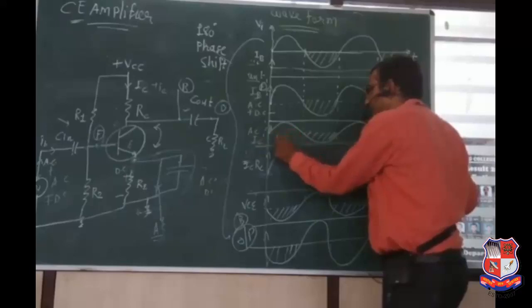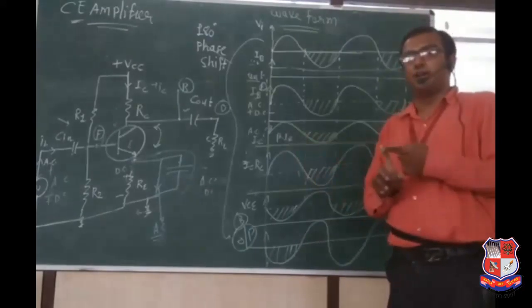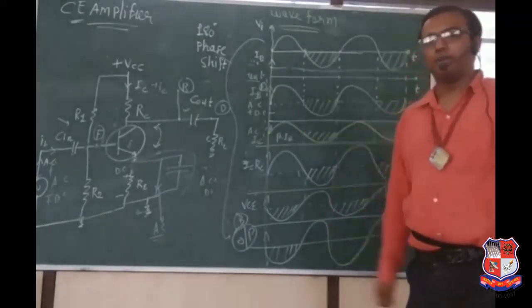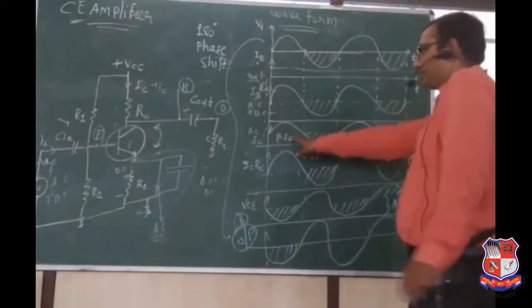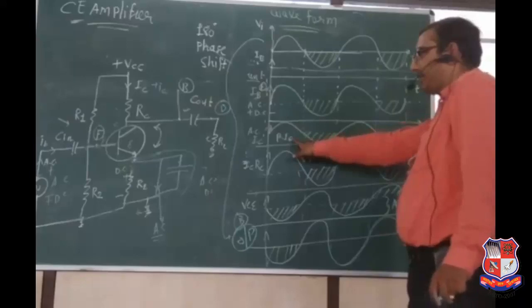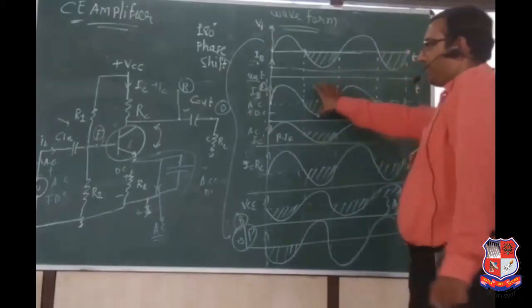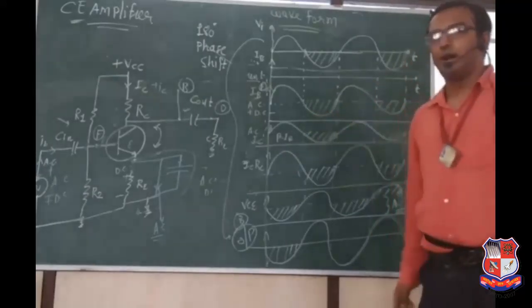IC equal to beta multiplied by IB. So overall amplification we can get with the help of beta only. So it is known as IC equal to beta times IB. Now always remember that base current is always low value, collector current is always high value.